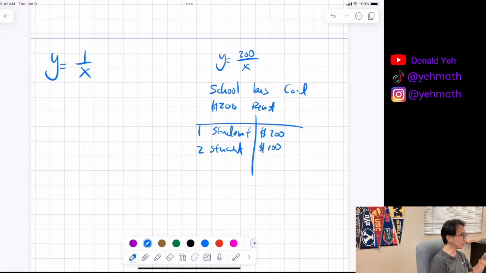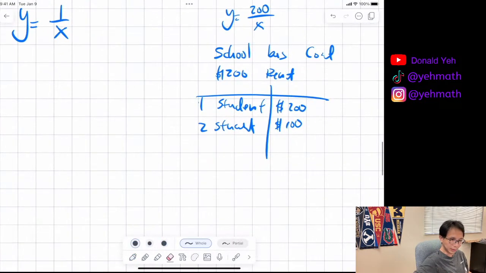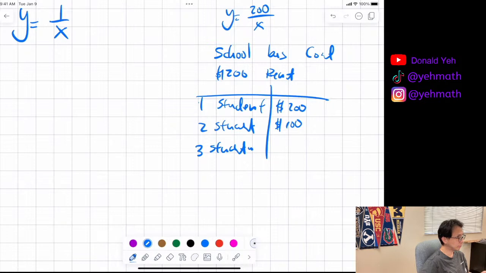The third student, if it's linear, should go to 0. But it's not. How much is it? $66.66 repeating, because you just divided by 3.